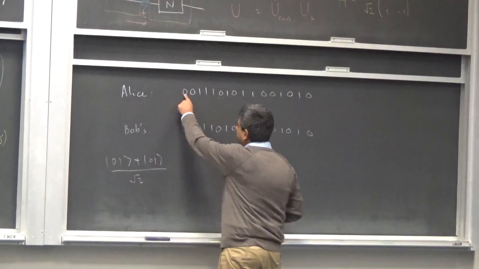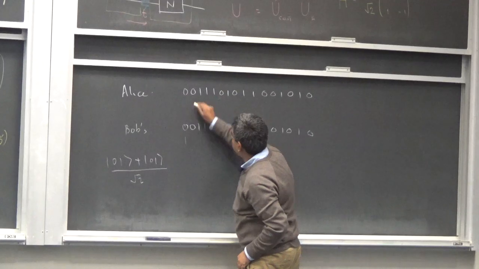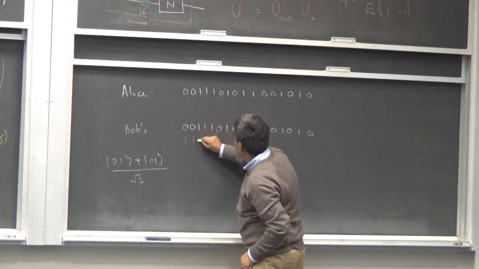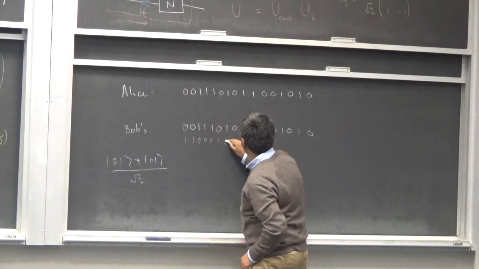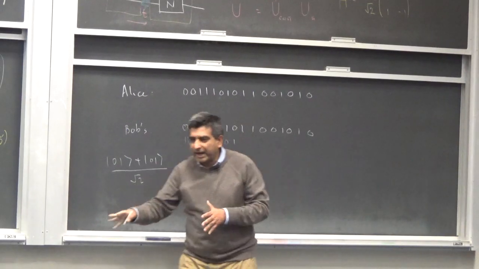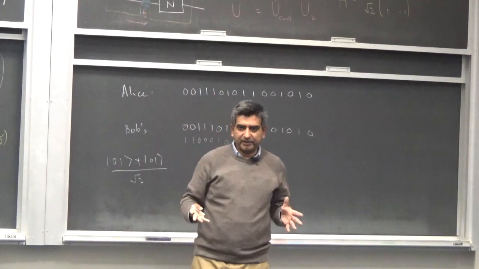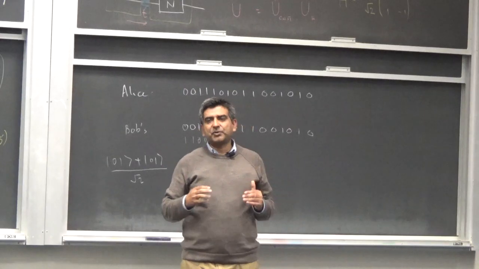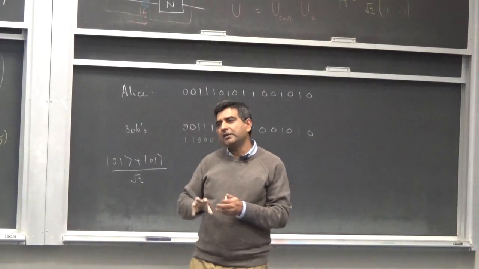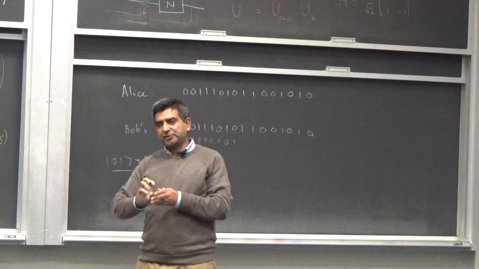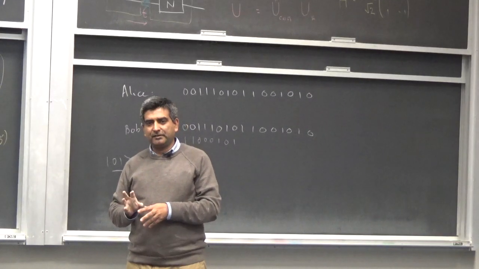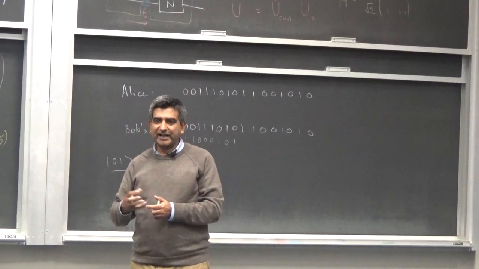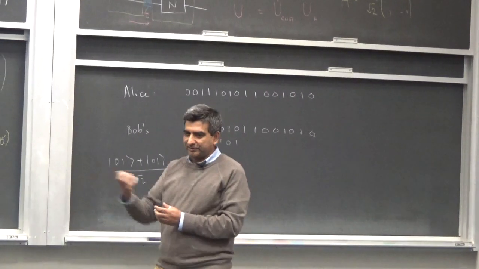So if Alice measures 0, Bob will measure 1, 0, 1, 1, 0. Correlation or anti-correlation, it's the same thing. So that's what an entangled state is. If you look at one part of an entangled pair, it appears totally random, which means you cannot ascribe a state to that single qubit.